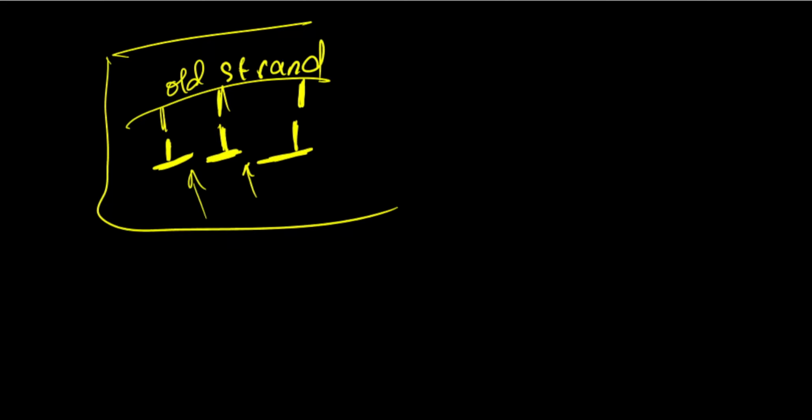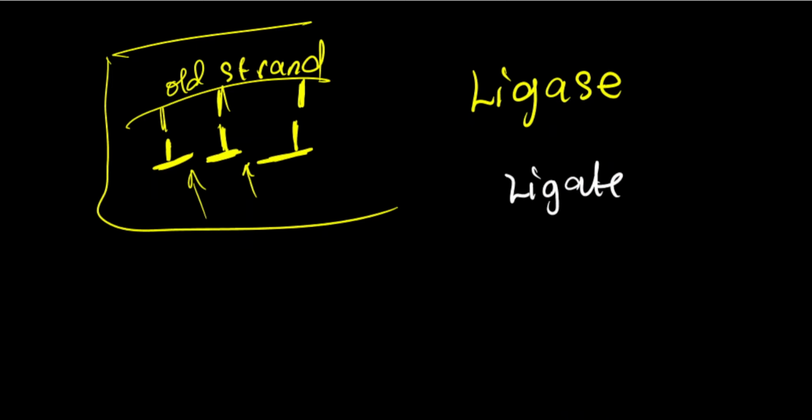Now, what takes place in the restoration phase is that we have an enzyme called ligase. A good way to remember this enzyme is to remember the word ligate. Ligate means to tie up. From ligate we have ligament and so on. A ligament also kind of ties up bones that form a joint.